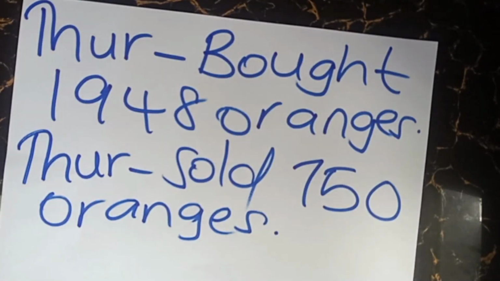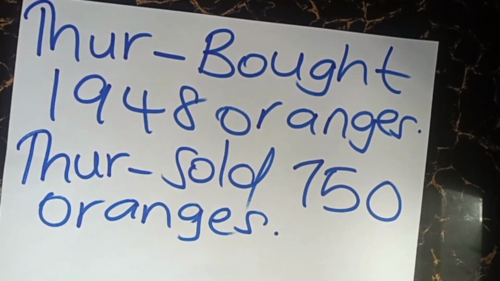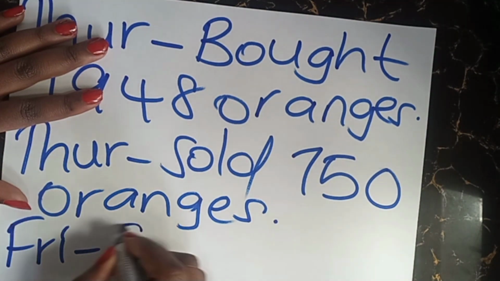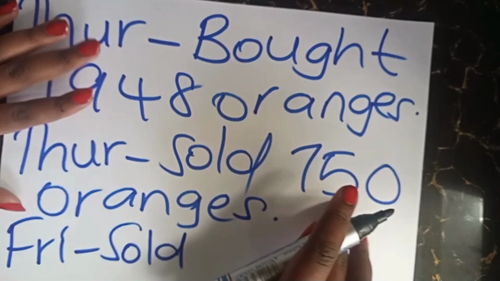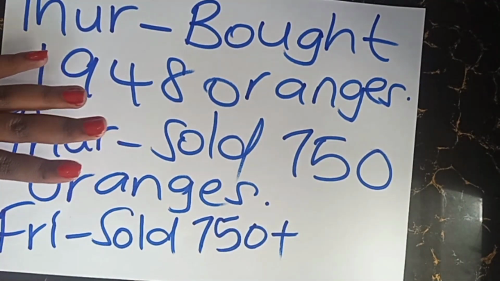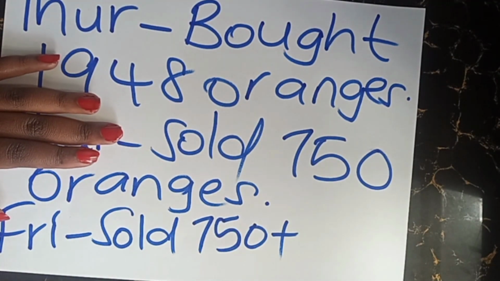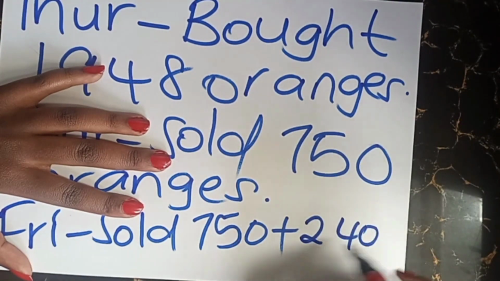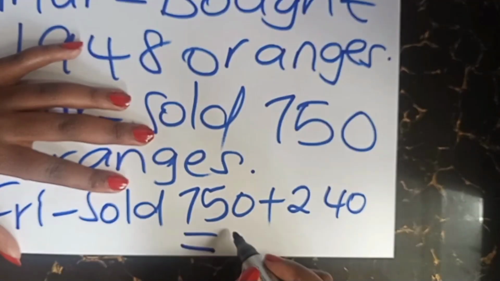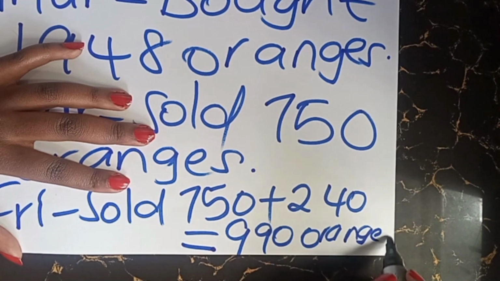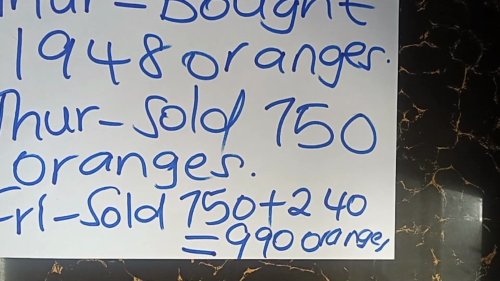So on Friday he sold 750 plus 240 more, okay? So that means on Friday he sold a total of 990 oranges. These are the number of oranges he sold on Friday.